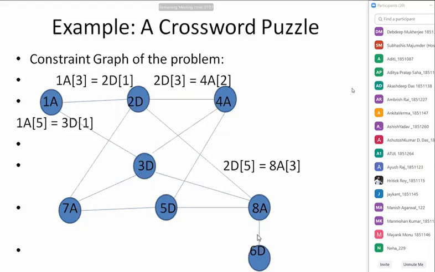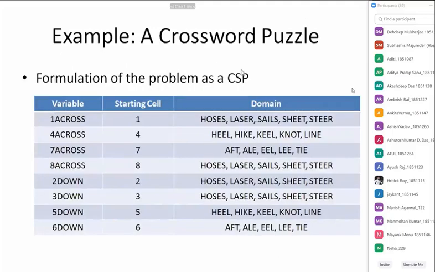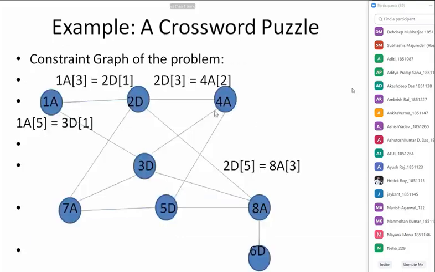But I'm not yet finished in saying what I wanted to tell you about the procedure to solve, how to do this. So you go to 1A first, and then you take just any one value from the domain. Let's say you put sails, SAILS. Then what happens?